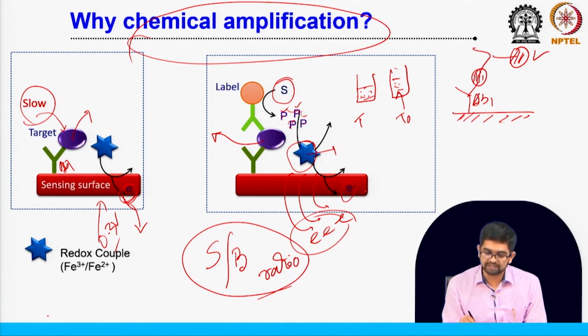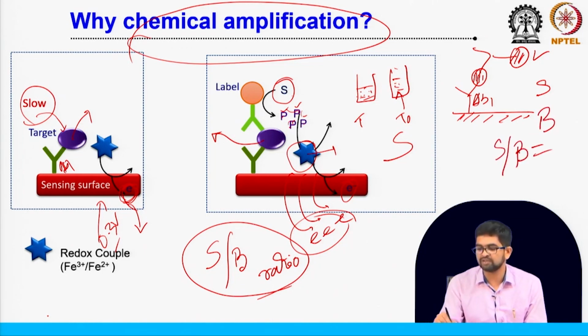So, naturally you are getting a very high signal here. So, this is actually called the signal. With target is the signal, without target is the background. So, S by B, this ratio is called the signal to background ratio. That is why, if you want to make an ultrasensitive biosensor, your background should be very low and signal should be very high.